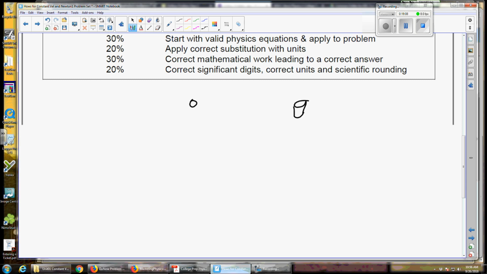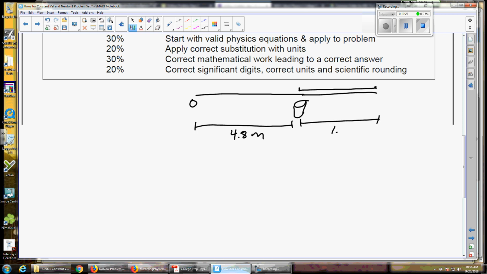There's the cup. So the ball goes here and keeps going, turns around, and comes back to here. And I know this is 4.8 meters. And this is 1.5 meters.